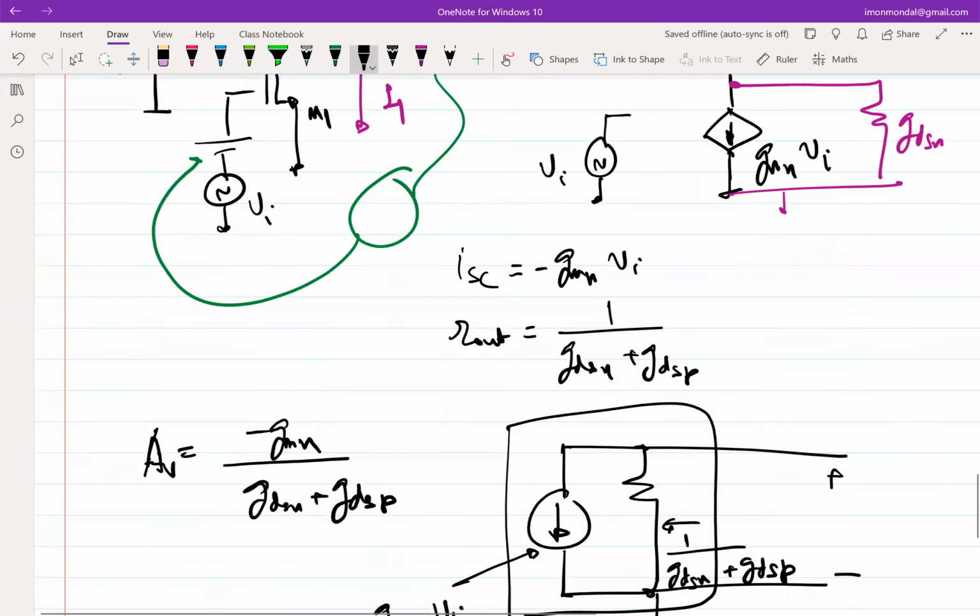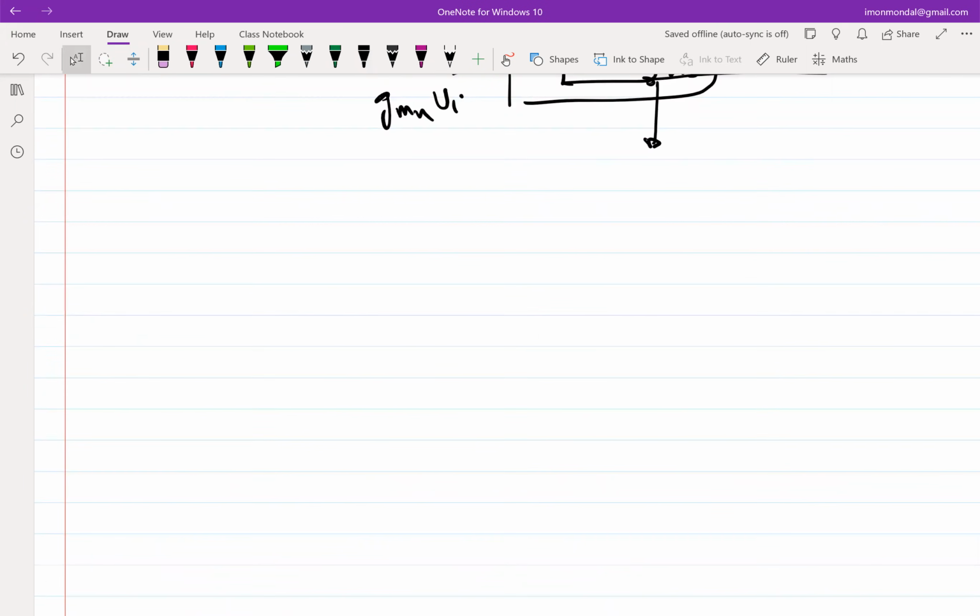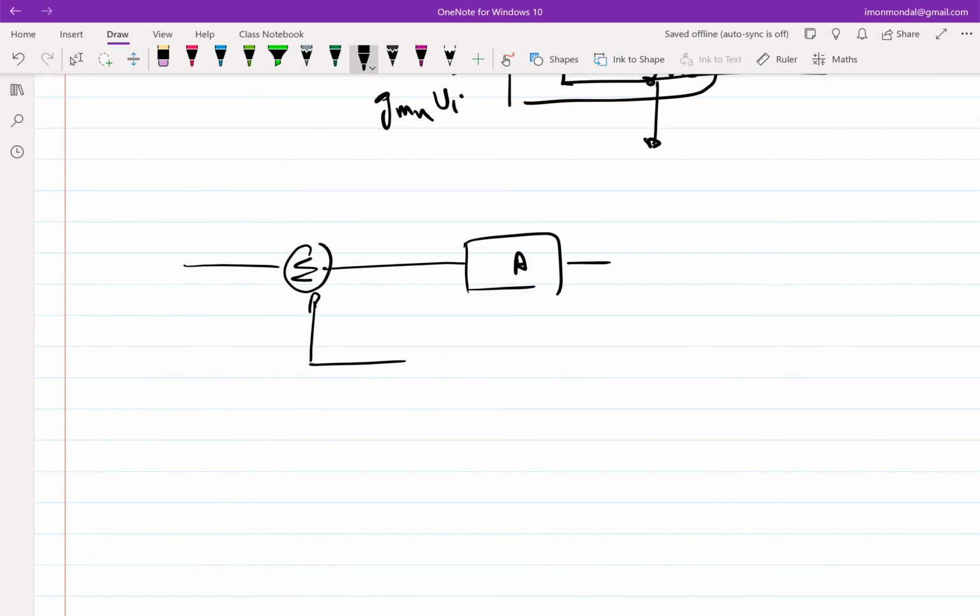So, let me go back to this model again. When we are trying to figure out the open loop gain of A, which two terminals am I looking at?